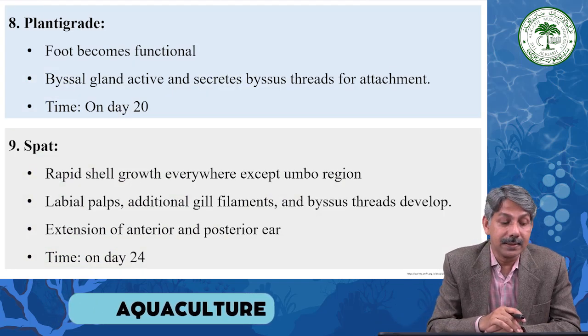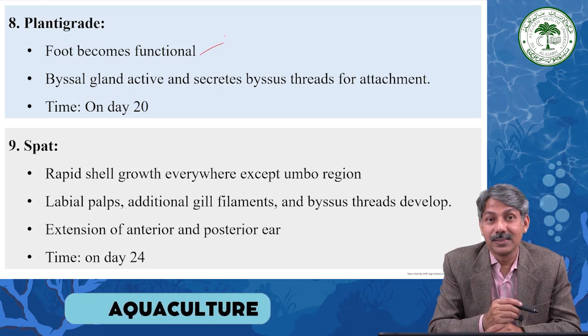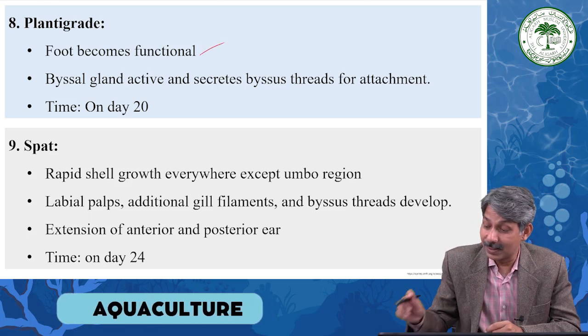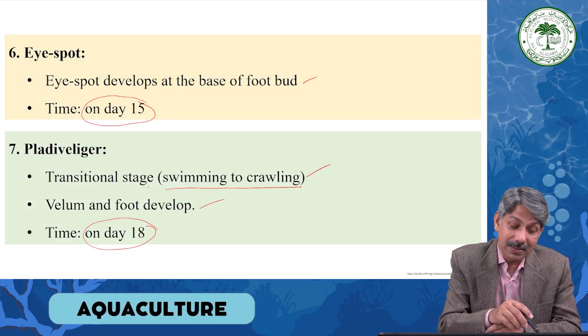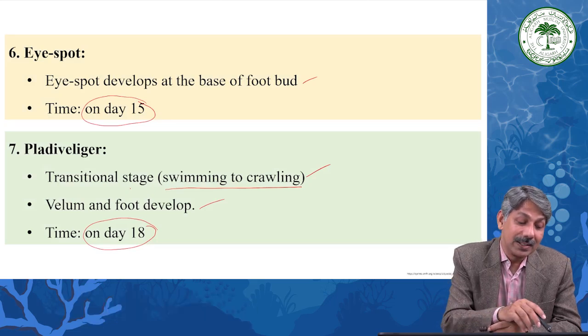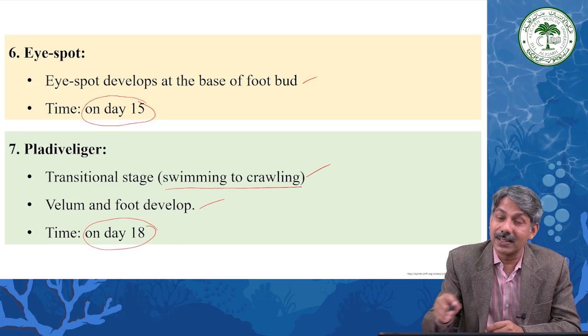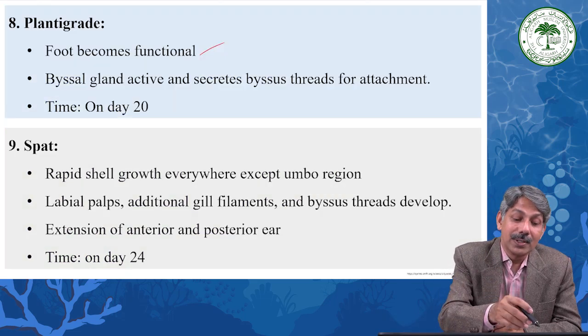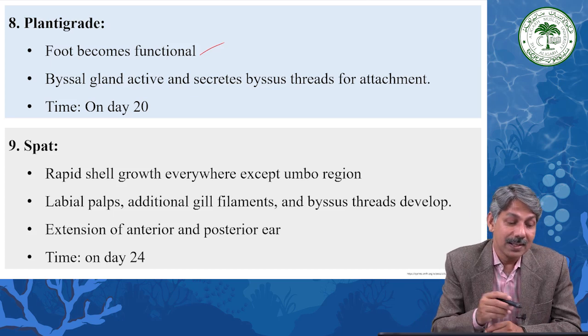Then plantigrade. Here, the foot becomes functional. In the previous slide, the platyveliger stage represented a transitional stage where they started crawling from swimming, but now the foot becomes functional. The foot developed and became functional in plantigrade.